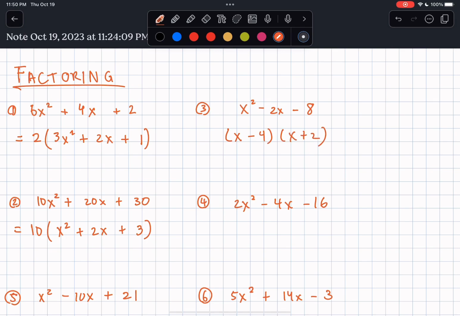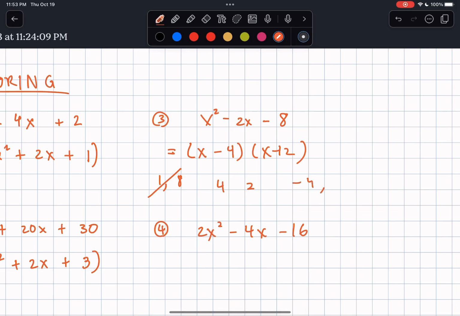So that's your factor. I can show you this by listing out the pairs that multiply to negative 8 and add up to negative 2. You wouldn't use 1 and 8, right? Because no matter what, you wouldn't be able to get a sum of negative 2.